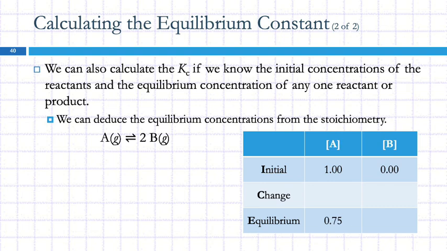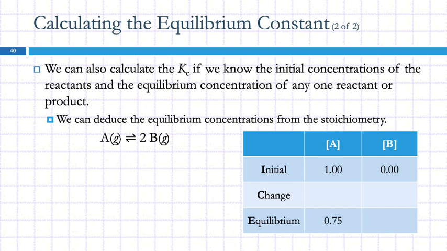So here, we're going to start with 1 mole per liter of A, and none of B. Then the reaction is going to occur and establish an equilibrium. And at equilibrium, the concentration of A was measured, and it was 0.75.